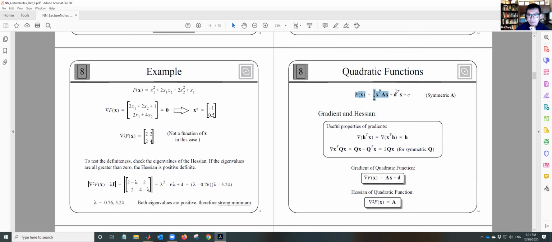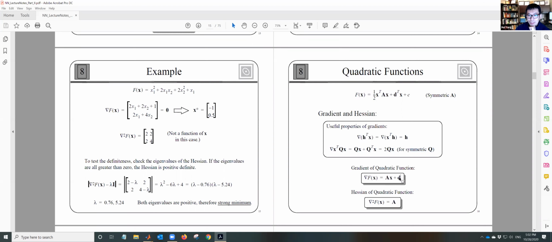If you take the derivative of this function with respect to x, you get this one, right? And then you set it equal to 0, then x star equals, what will be x star? Rensang. Oh, x star will be minus D divided by A. So it should be, no.